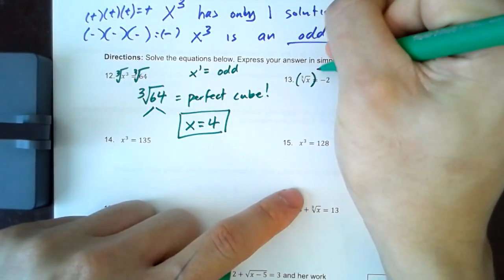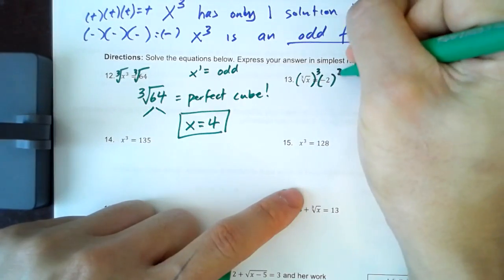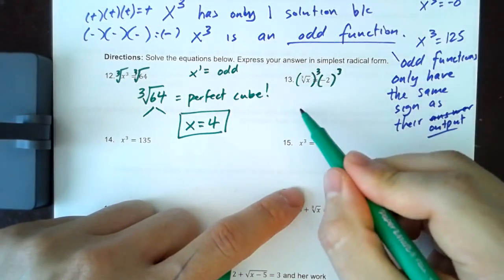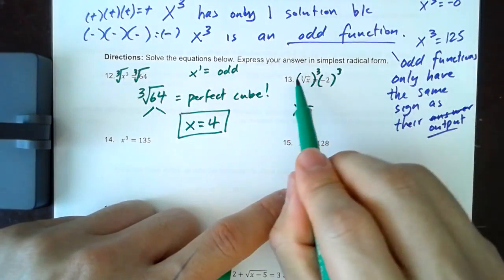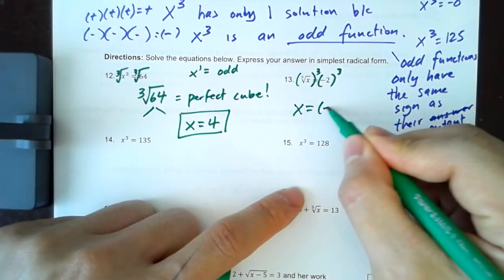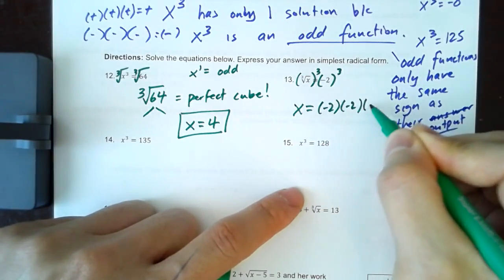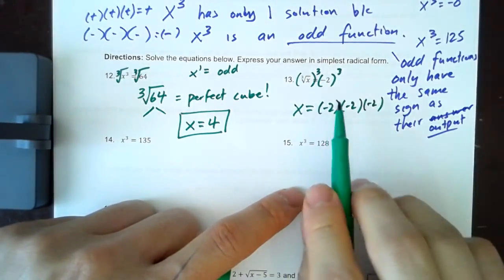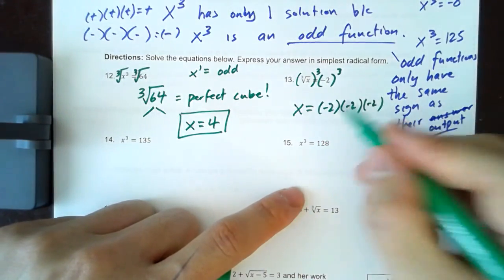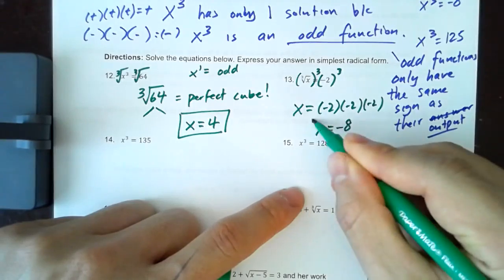Now, what's the inverse operation to a cube root? Well, it would be to cube. And you remember, you have to attach the negative. So here you would be able to write x equals, because the cube root and the cube cancel, and then you write negative 2 cubed. I'll write it out for you just in case you're wondering what that looks like. Negative 2 cubed looks like negative 2 times negative 2 times negative 2, which is negative 8.